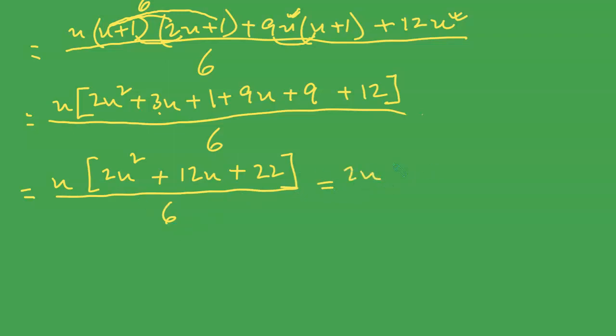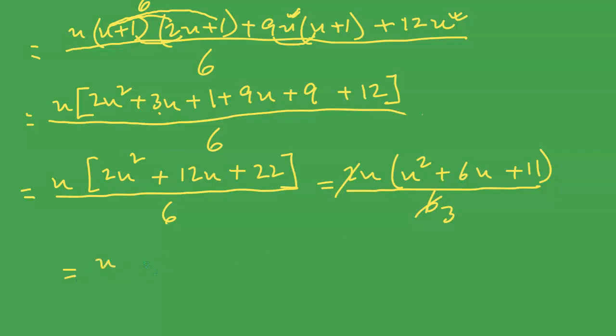So it becomes 2n, n squared plus 6n plus 11, over 6. These two will get cancelled, and I'll be having n times (n squared plus 6n plus 11) over 3.